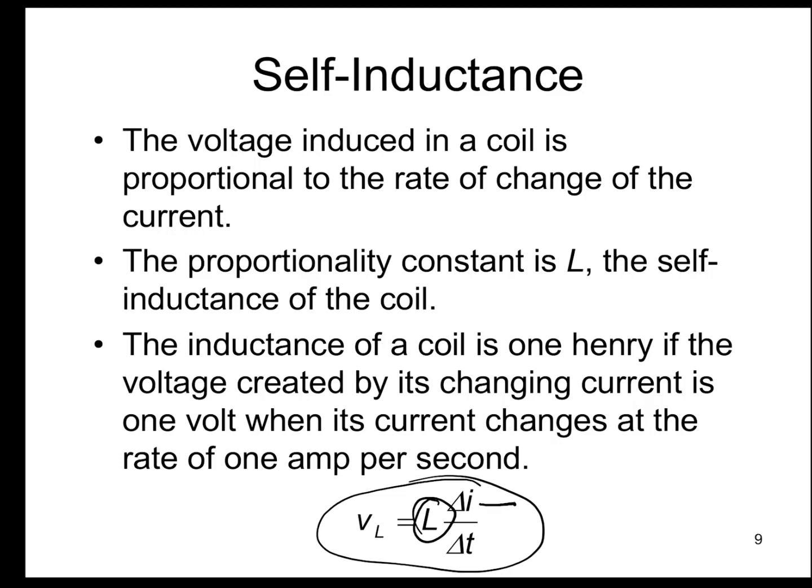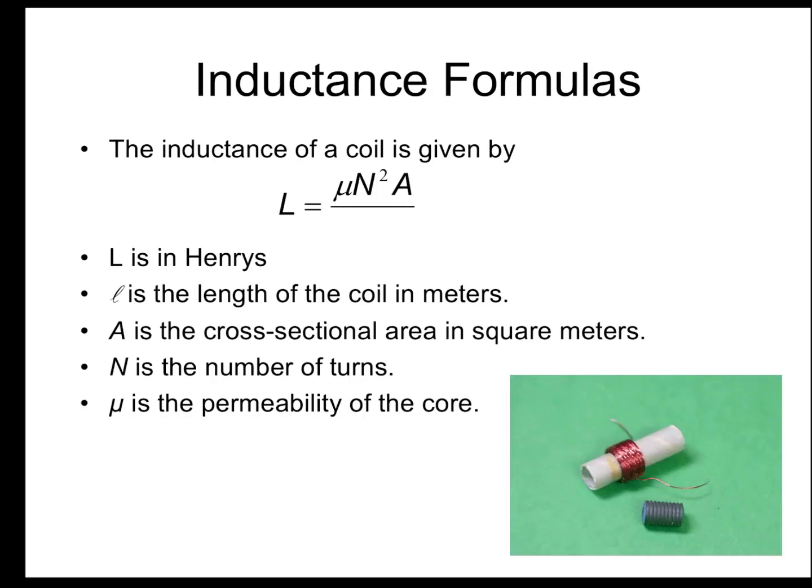And then we have our value of delta I, our change in current, over delta T. So if we have large changes in current over short changes in time, that's going to be a large delta I over a small delta T, which we know is going to result in a large number and give us greater voltage. So it's directly proportional to the change in current and inversely proportional to the change in time. So the smaller the change in time, or the higher the rate of change, the more the voltage will be.